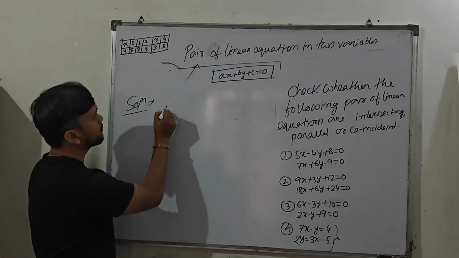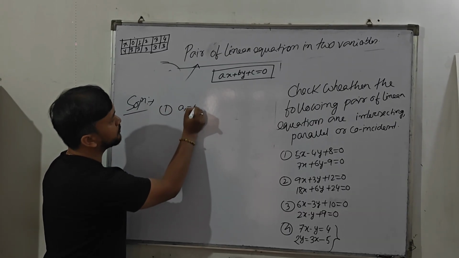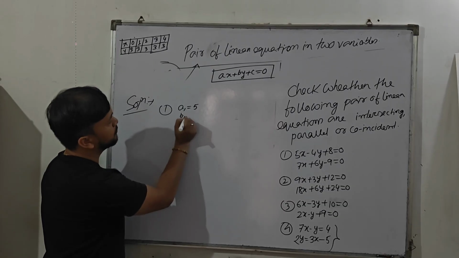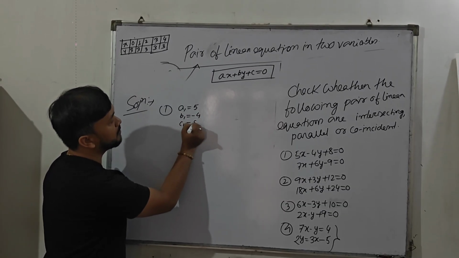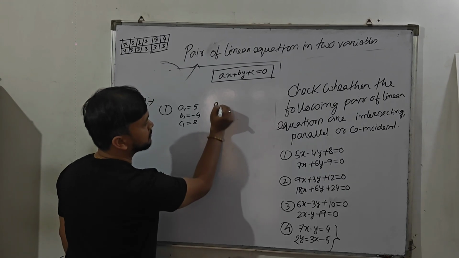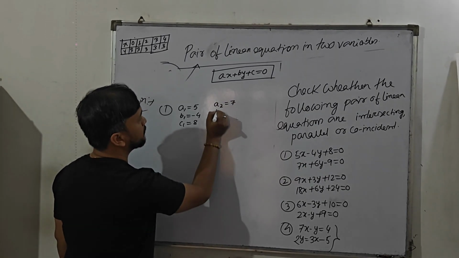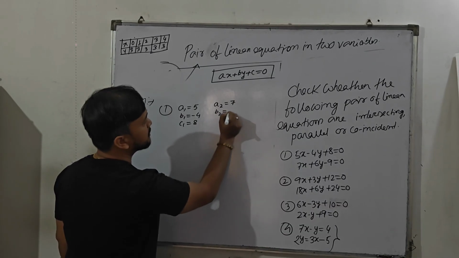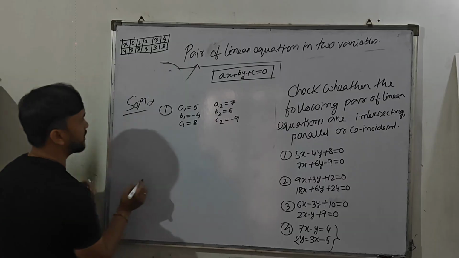First question, value of a1 is equal to 5, b1 is minus 4, c1 is 8, a2 is 7, b2 value is 6, c2 is minus 9.